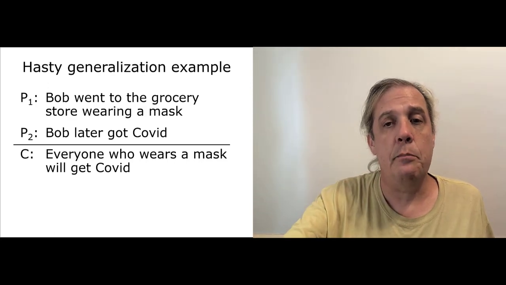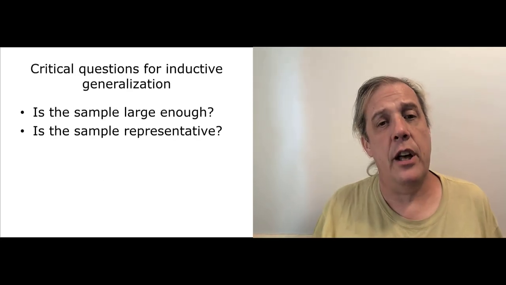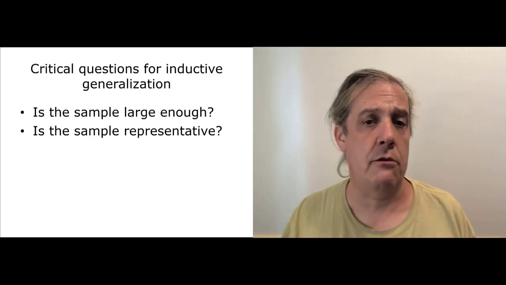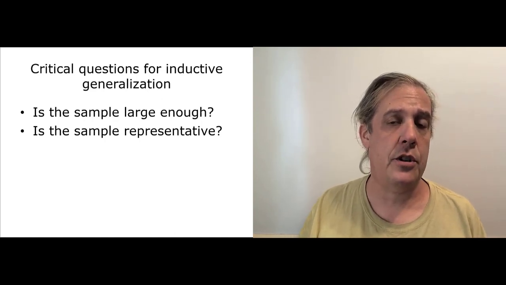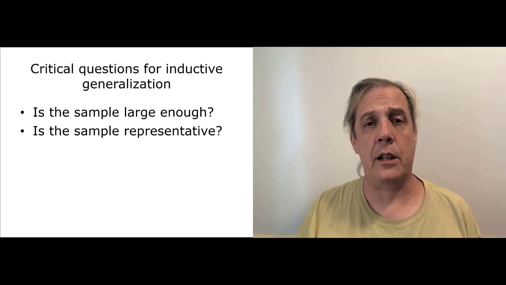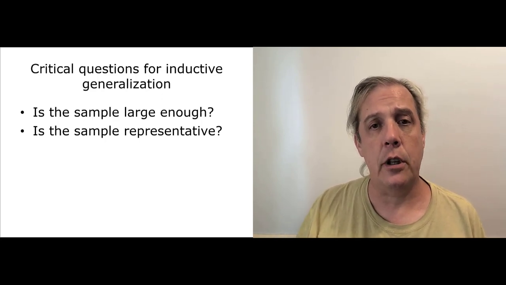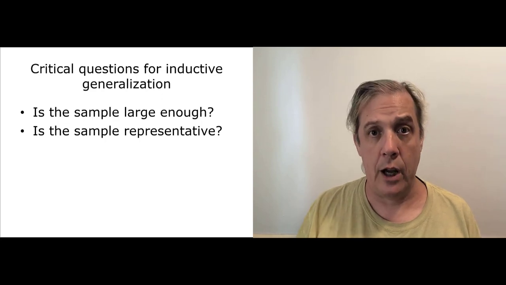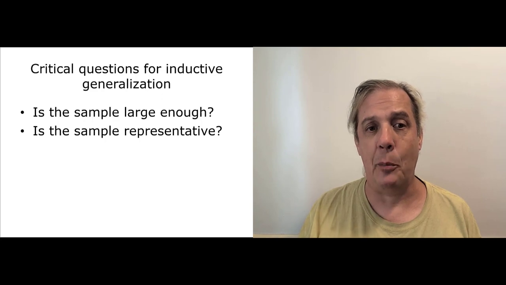There are also going to be critical questions that are specific towards generalizations. And if you can't answer these critical questions, you will be committing the fallacy of a hasty generalization. And actually, to generalize really well, you have to use the techniques of statistics, at least a little bit.